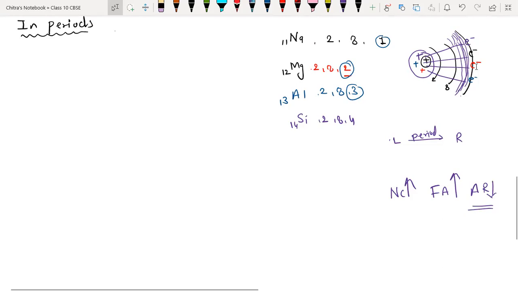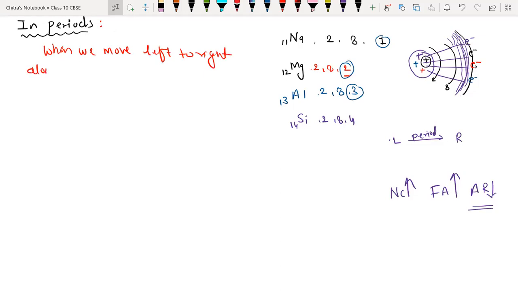Yes, I understood. So now we are going to write in word form here. When we move left to right along a period, electrons are added in the same shell.